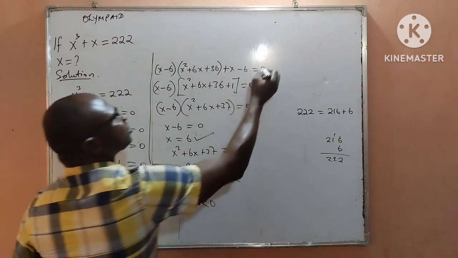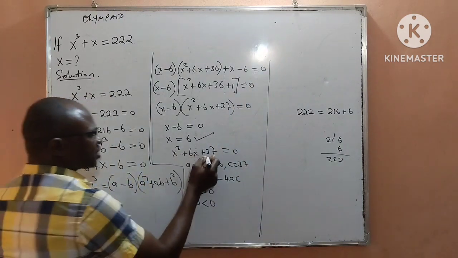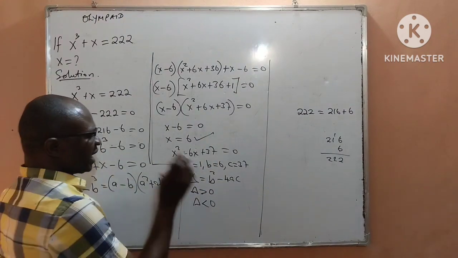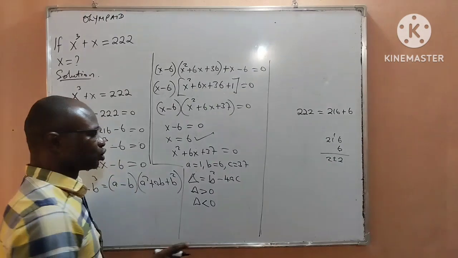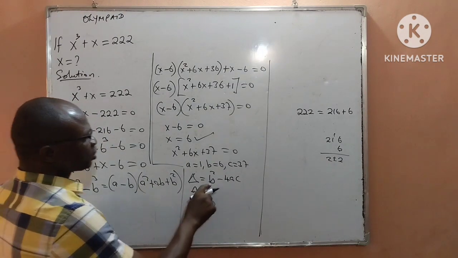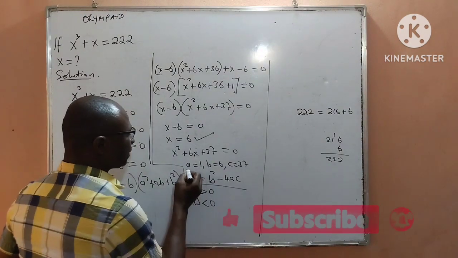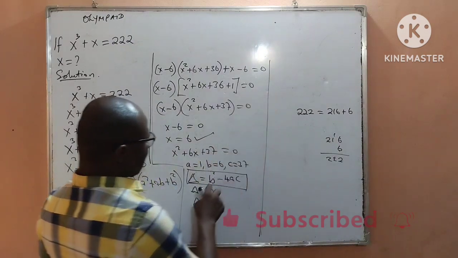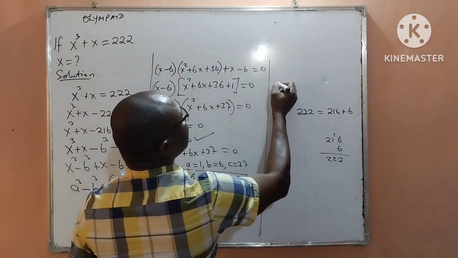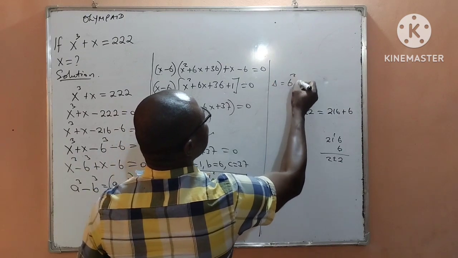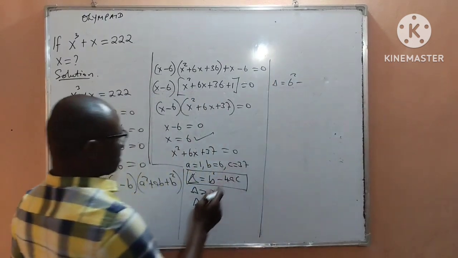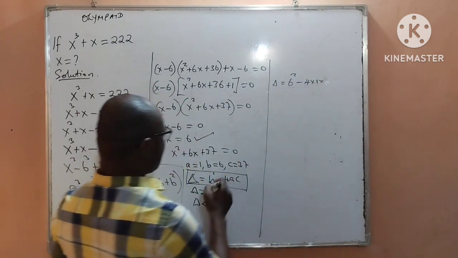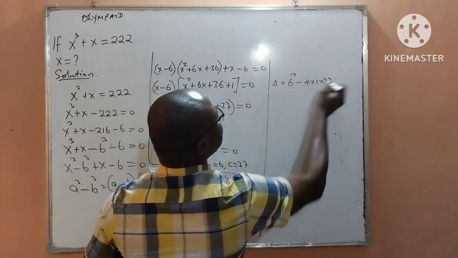So let us find out if the quadratic equation from the second bracket will give us a complex root or a real root. Substitute into this formula for delta. b is 6, so delta is equal to 6 squared minus 4 multiplied by a multiplied by c, which is 37.